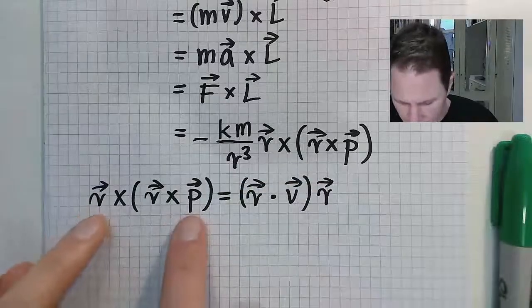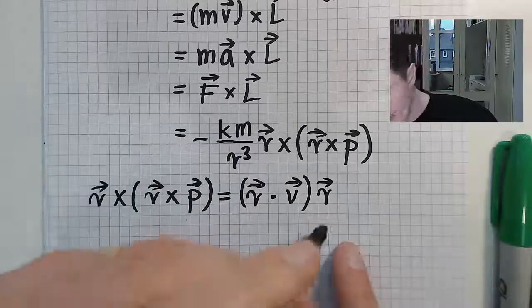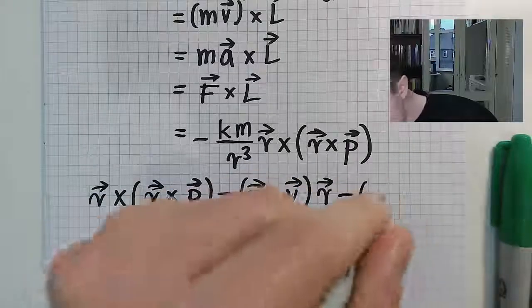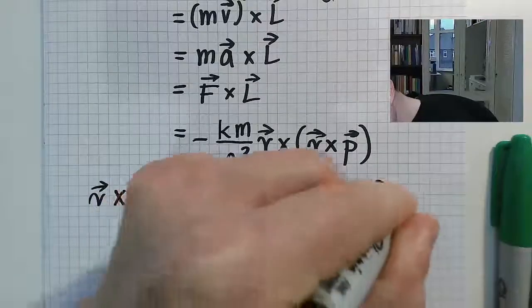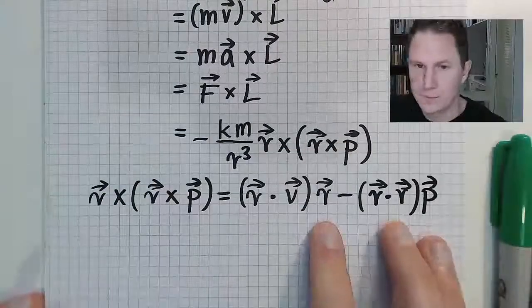So take the scalar product of r and p and multiply r by that number, and then subtract the scalar product of r and r and multiply p with that number.